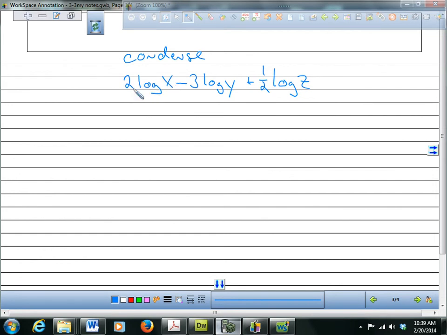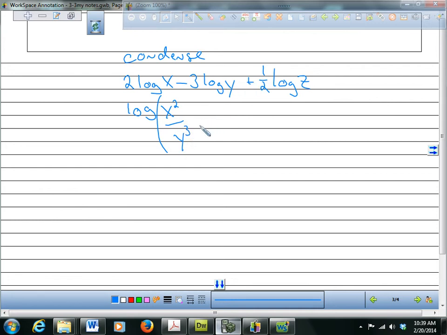How could I rewrite this with an exponent? So I want to go the opposite direction. Log of x squared, and minus is the same as what? It's dividing, so this goes down here, y cubed. I'm doing this all in one step.